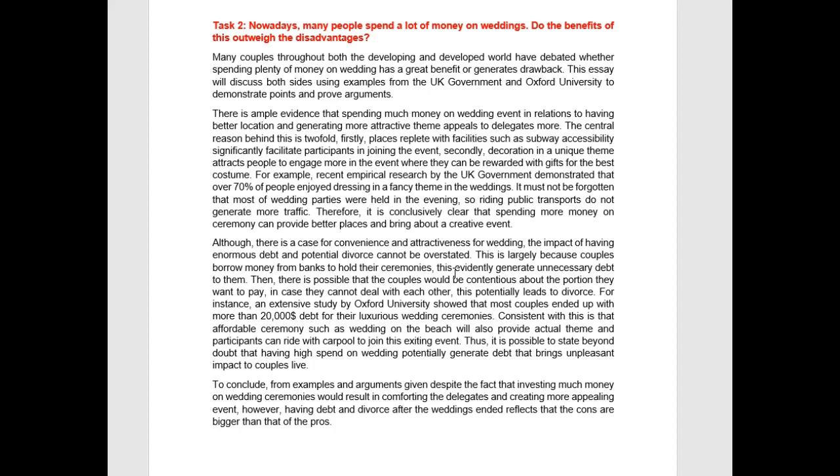Then there is the possibility that the couples will be contentious about the portion they want to pay, since they cannot deal with each other. In case they cannot deal with each other, this potentially leads to divorce. This is awkward. What does that mean? In case they cannot deal with each other? So there's a disconnect. It's creating incoherence here.